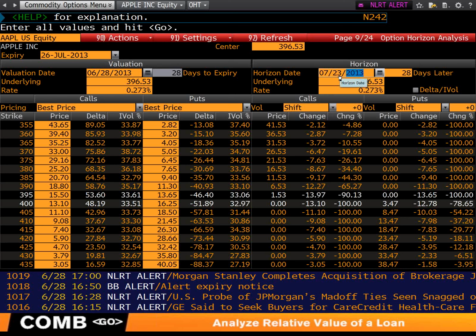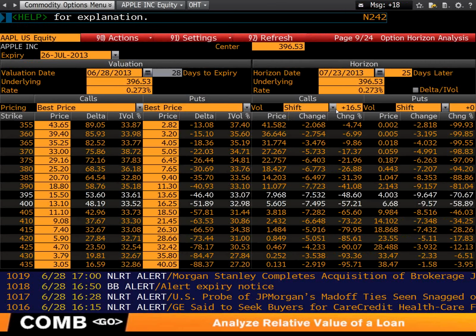And we go to, it's now the 23rd afternoon, and we have had an increase in volatility from 33.5% to 50. So that's a 16.5% increase in volatility. Okay? This tells us that those same options, those 395s, which are going for 15.50.